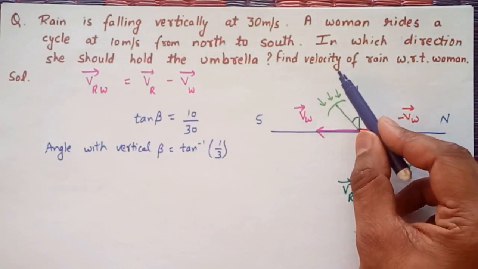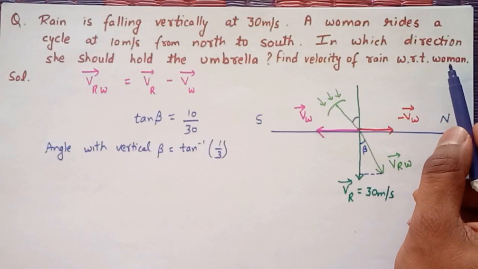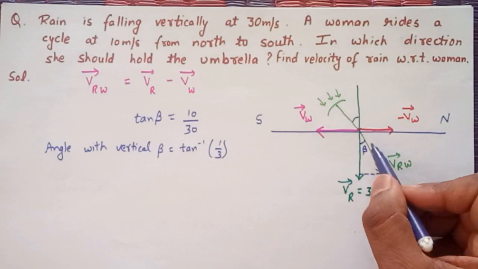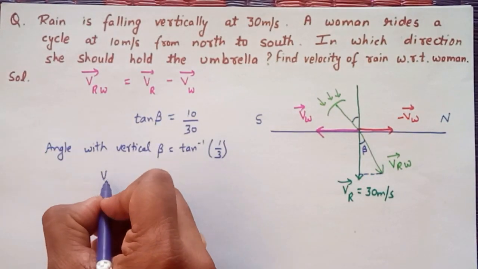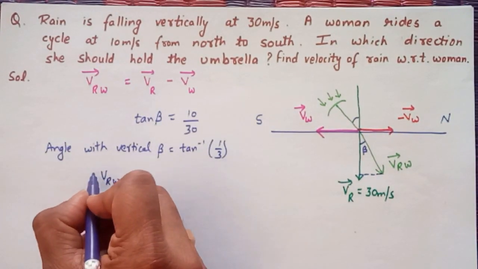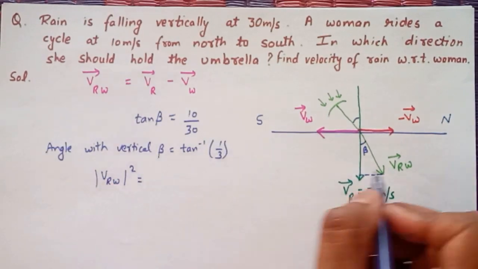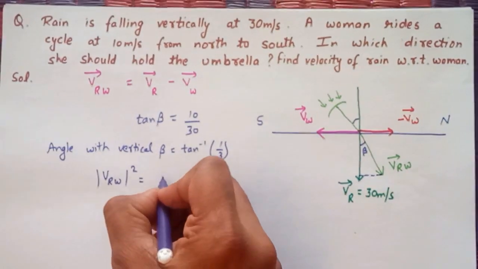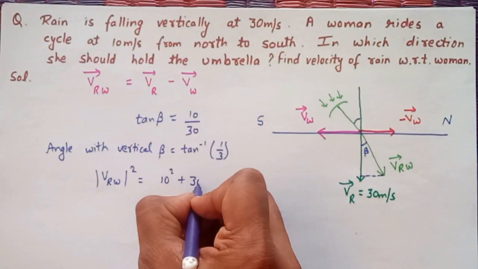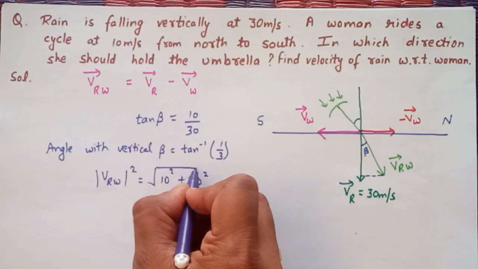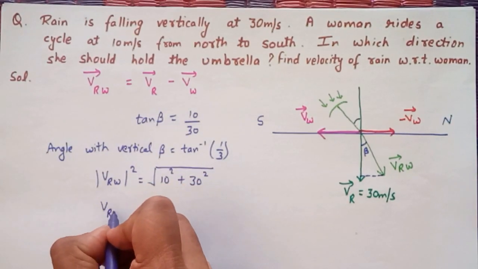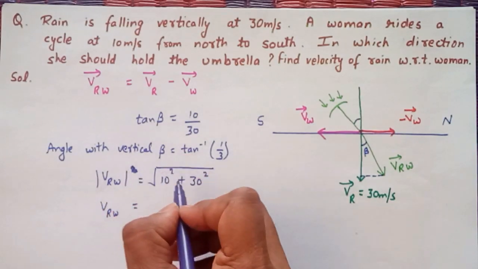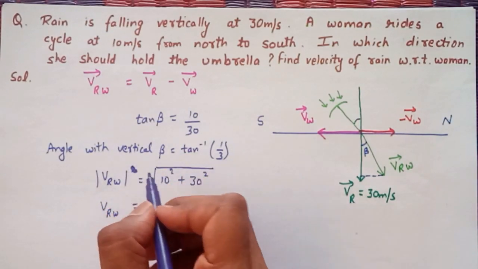The question is also asking to find the velocity of rain with respect to woman. So we have to find this. Taking Pythagoras theorem here, this one is 10 and this one is 30, so it will be the whole root of 10 square plus 30 square.